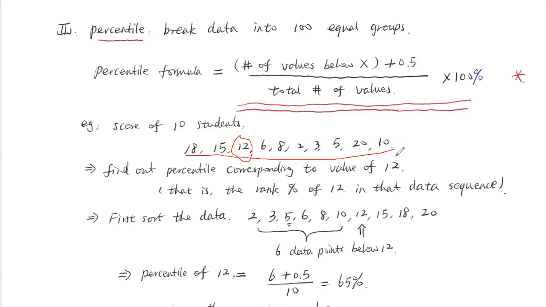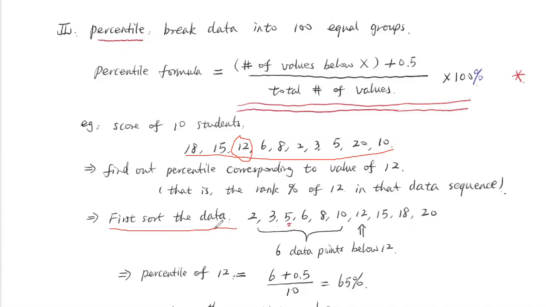Okay, so what we are trying to do here is using the formula. Everybody, I need your attention here. If you care about homework, if you care about the exam. So first, we try to put the data in order. Everybody, try to sort the data.